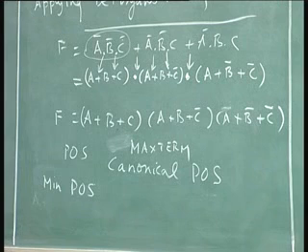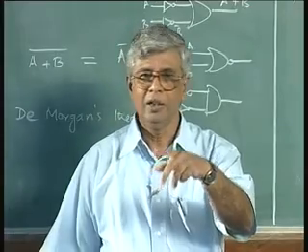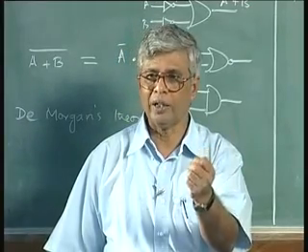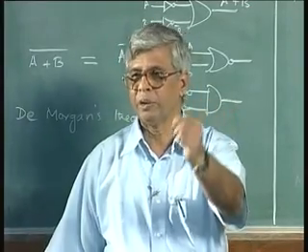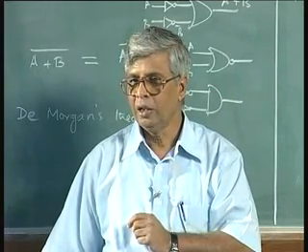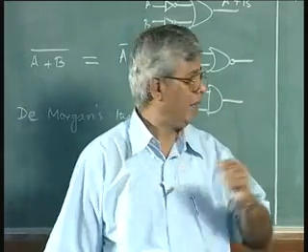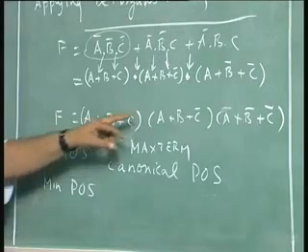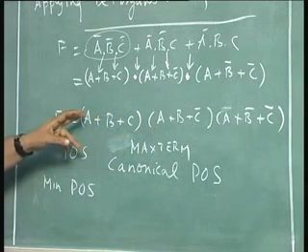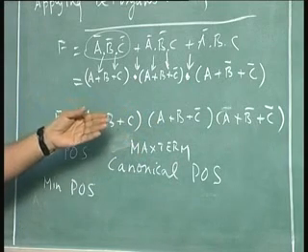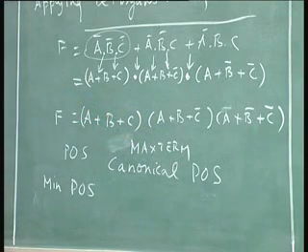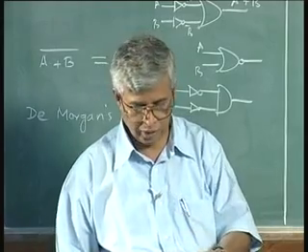Or I can start with max terms from the truth table, write a canonical product of sums expression for the output and reduce it further to get a minimum product of sums. And if you do that by just multiplying this and applying repeated application of Boolean algebra, you will get that expression. I will give you the result.